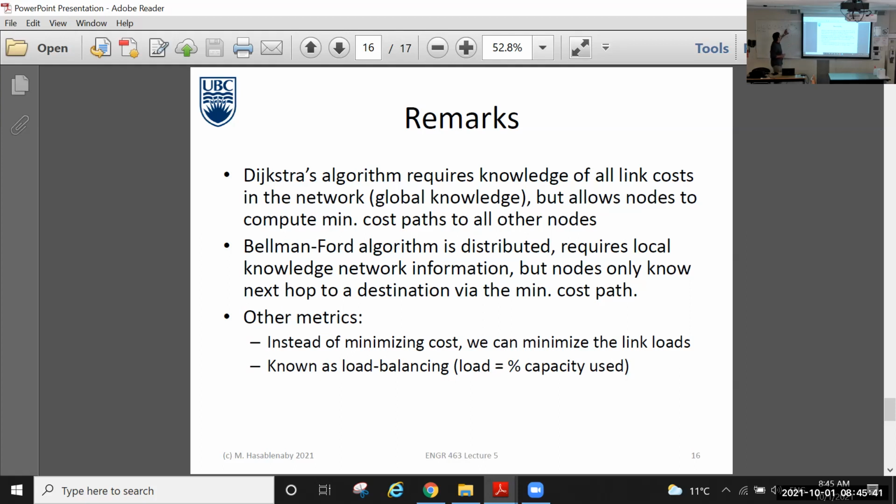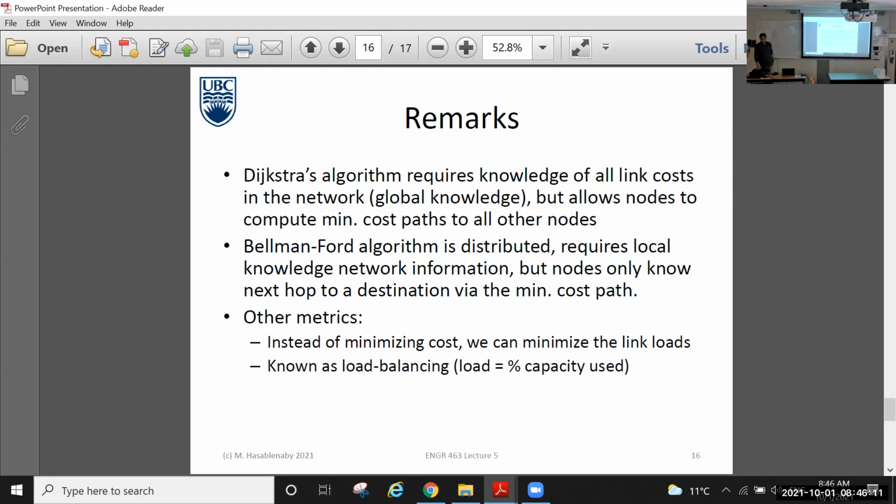What about 2? We are checking the cost of 2 to reach 1 through 3. So what is the cost? 3. Why 3?